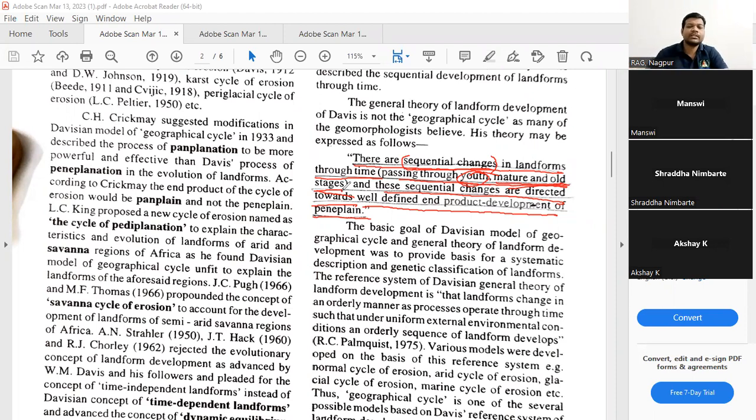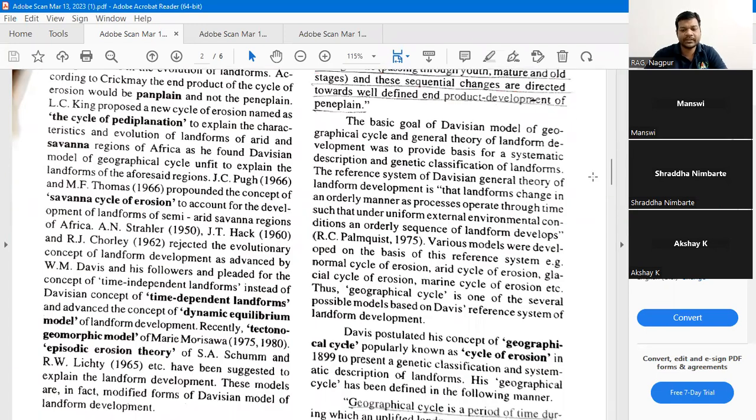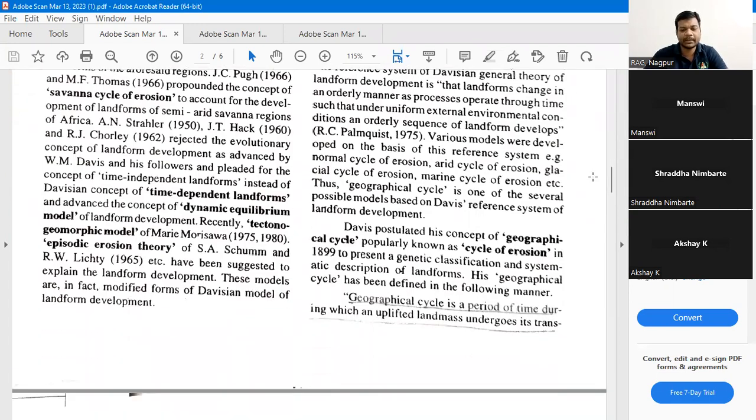That's it. So these sequential changes are directed towards a well-defined end product, just like human death, and that is called a peneplain. Understood? So this is peneplain and peneplanation, the basic idea behind the geomorphic cycle or geographic cycle.